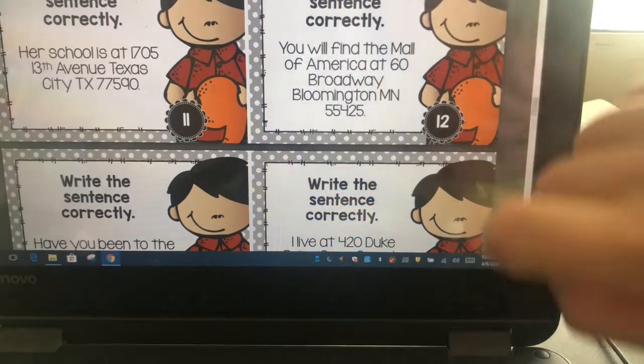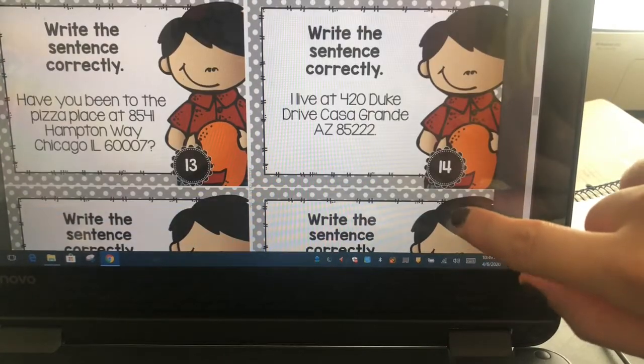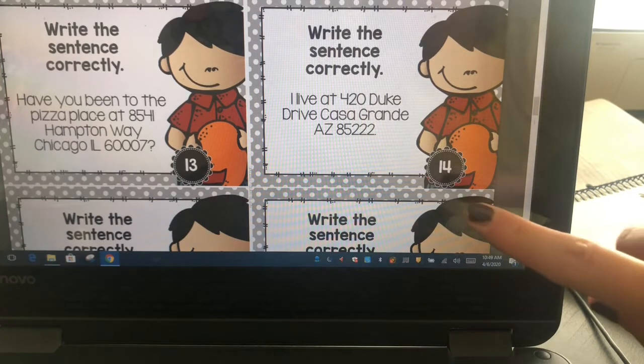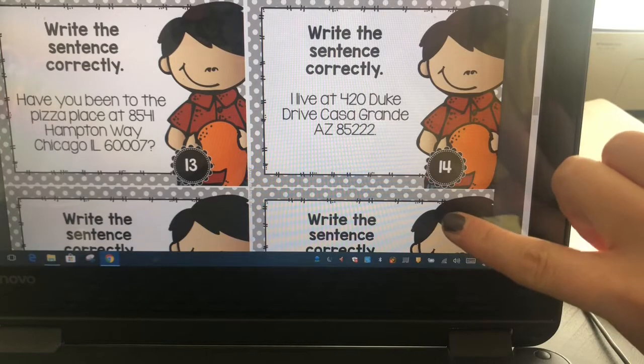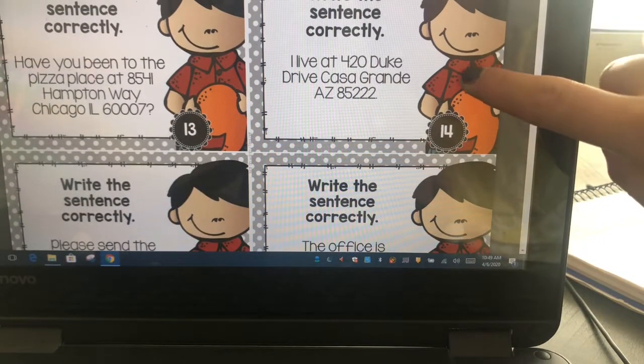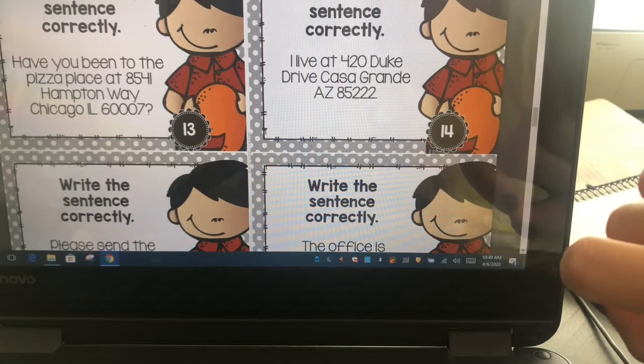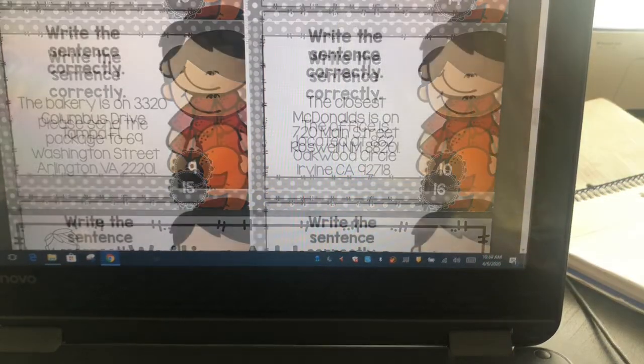Moving on to task cards 13, 14. Pause at any time to write these down. And finally, the last two on slide 15 and 16.